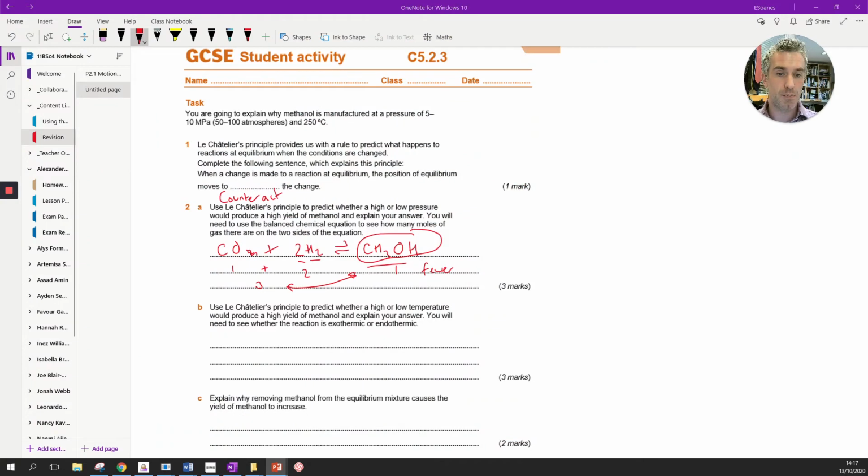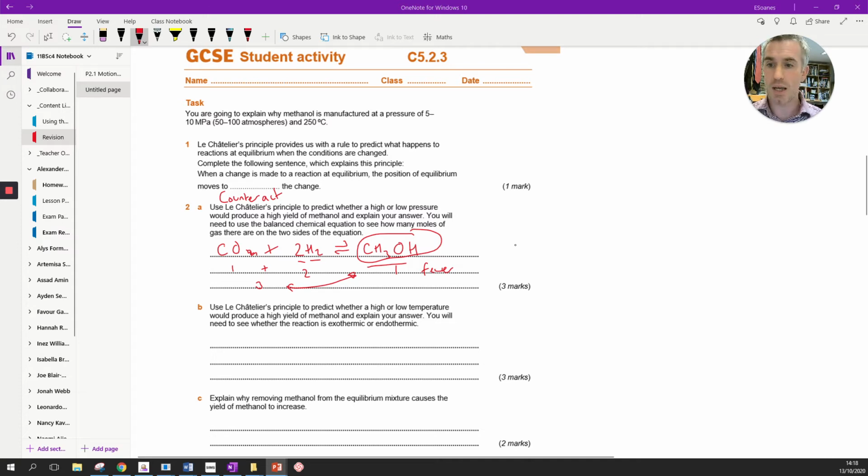So, pressure. Okay, if pressure. Right, pause. Have a go. Done it? Excellent. Right, now, here we go. If the pressure is increased, equilibrium shifts in the direction of the fewest molecules.